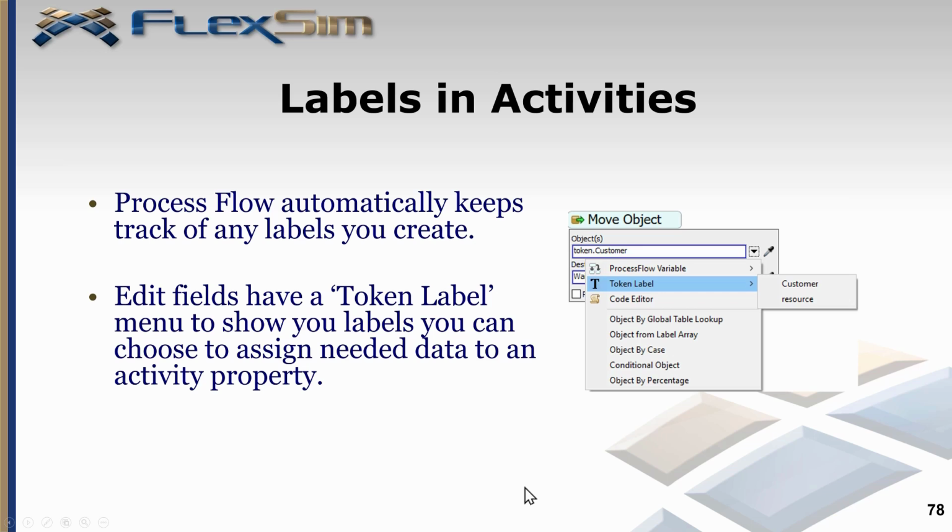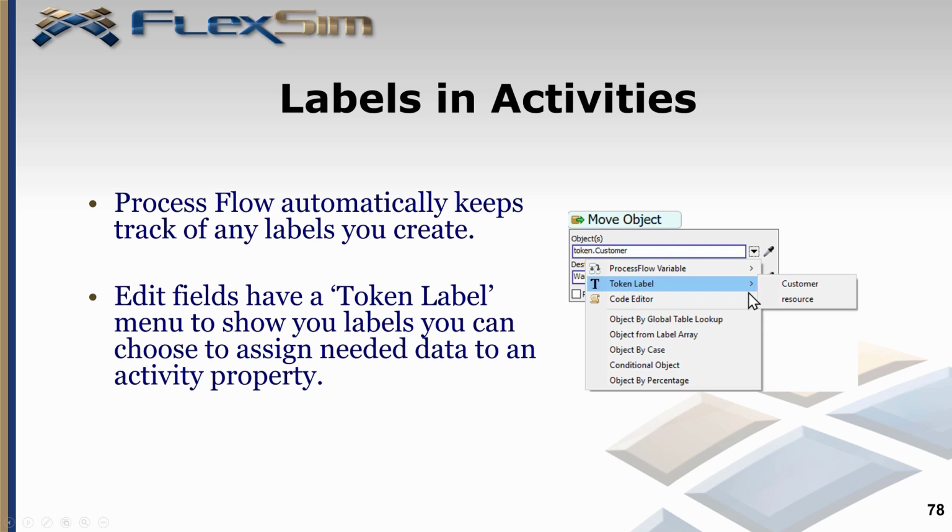Okay, process flow automatically keeps track of any labels you create, as well as any labels created by the activities themselves automatically. Edit fields often will have a menu called token label, as shown here in this graphic. And if you click on it, you'll see a list of all labels on the token that have been defined so far.